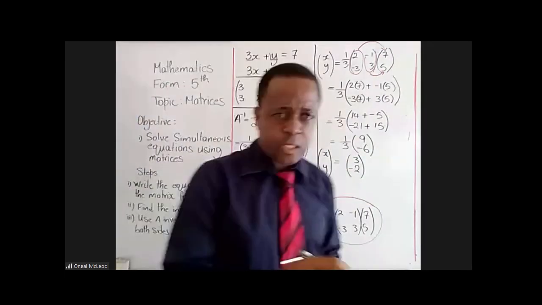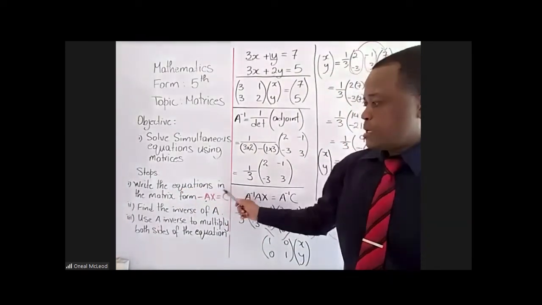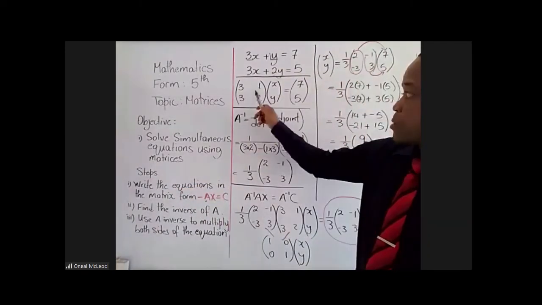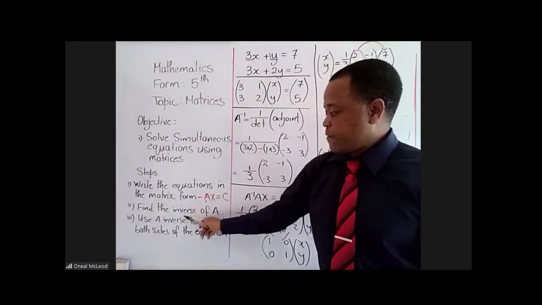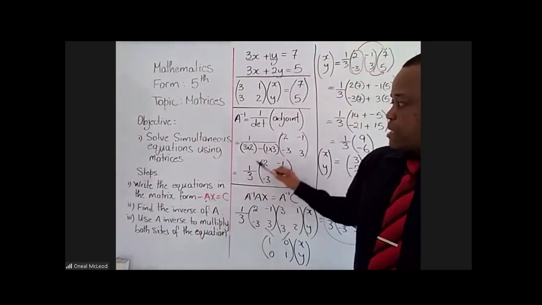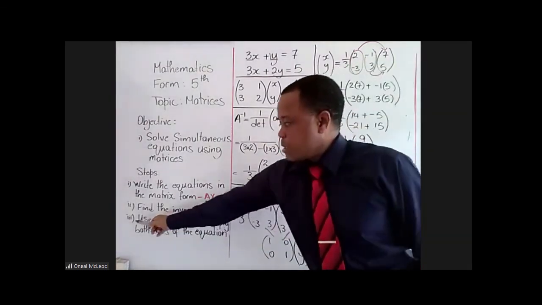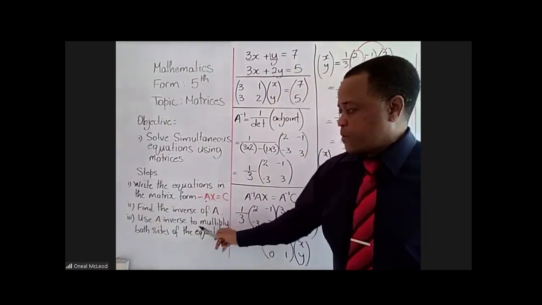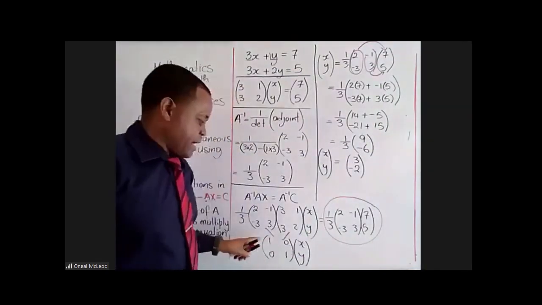Now, let's just recap the steps. Write the equation in the matrix form. That's what we did right here. Find the inverse of A. That's what we did right here. Use A inverse to multiply both sides of the equation. Now, that's what we did right here.